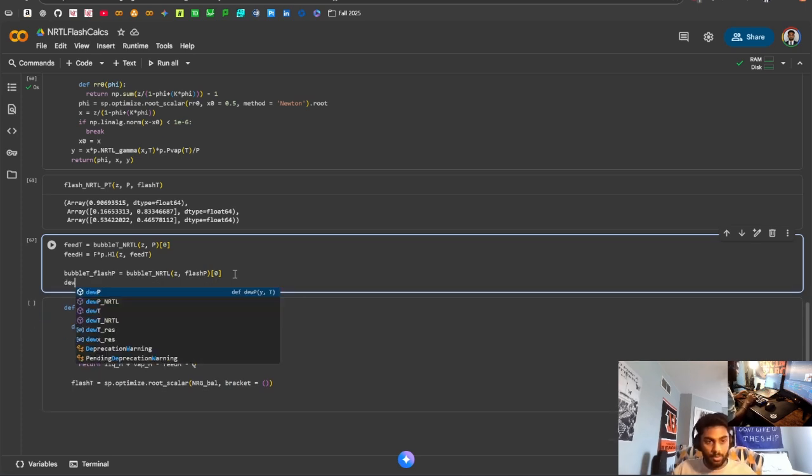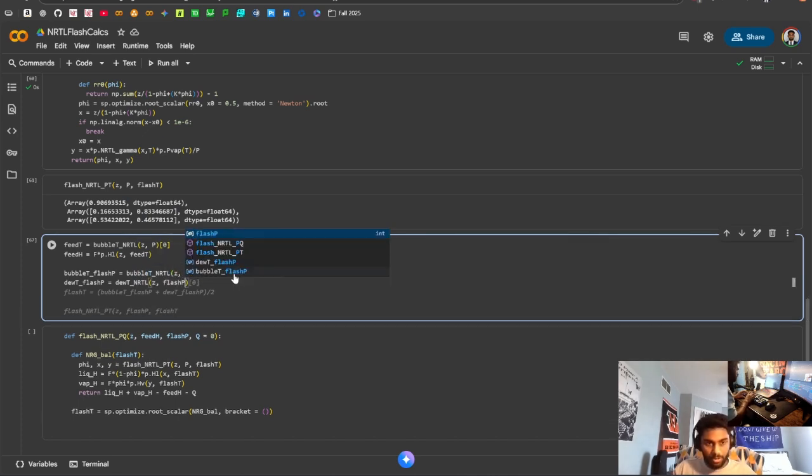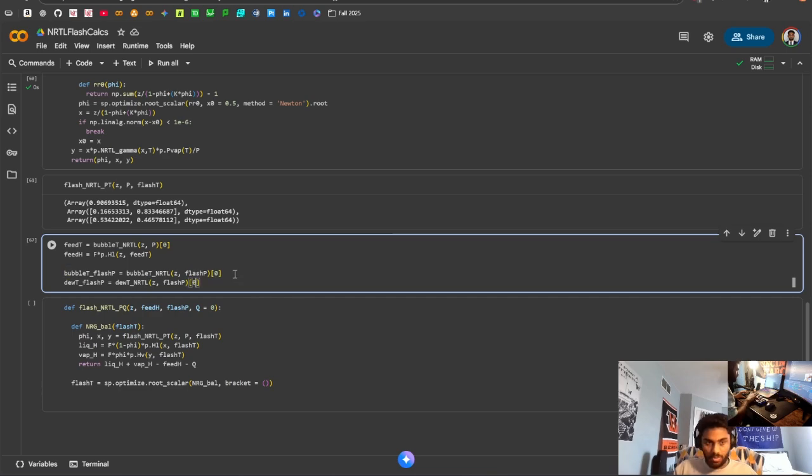We're going to do something similar for the dew temperature: dew T at flash pressure equals dew T NRTL, composition, flash pressure, and then we just want that first value.